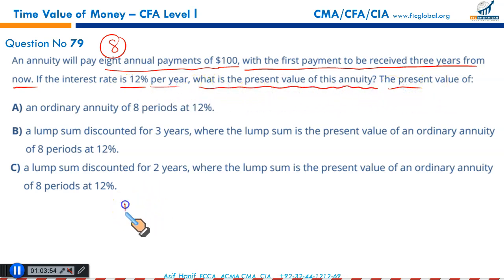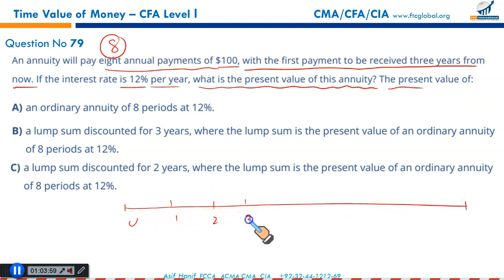Now, first of all, if you draw the timeline, that makes things a little easier for you. 0, 1, 2, 3, 4, 5, and as many marks as it might take.